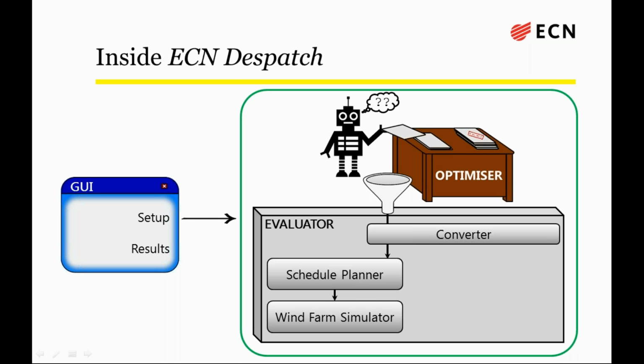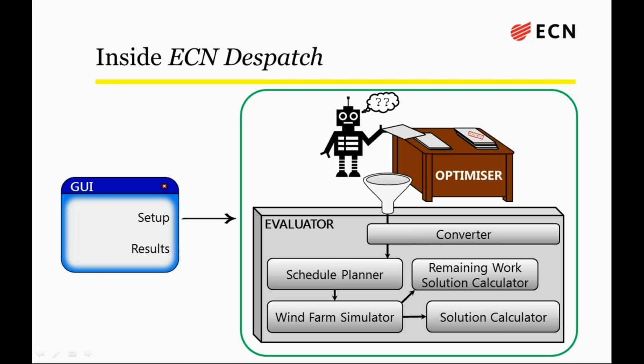So the wind farm is simulated in order to see how much energy loss there would be, and how much everything would cost. Those things are then combined into the solution. So if you have the energy price, the simulator would calculate the energy output and the costs of all the equipment. That would then be combined together to produce you the net income value if you were using that.